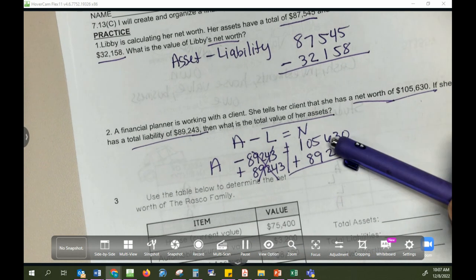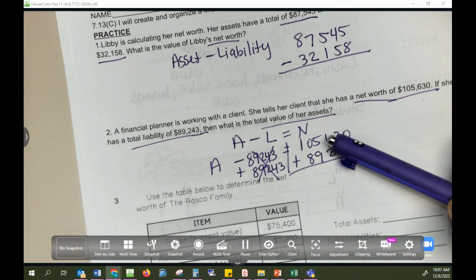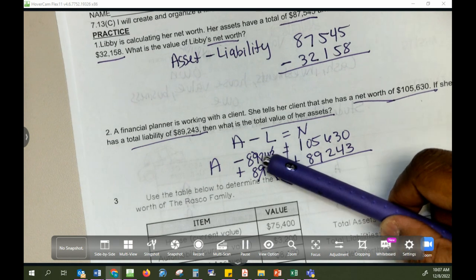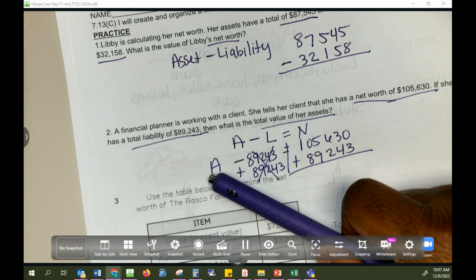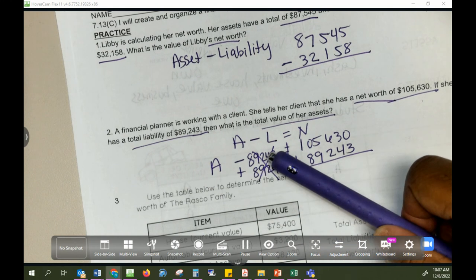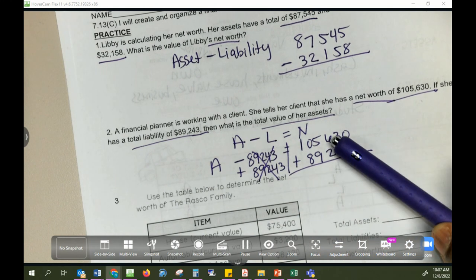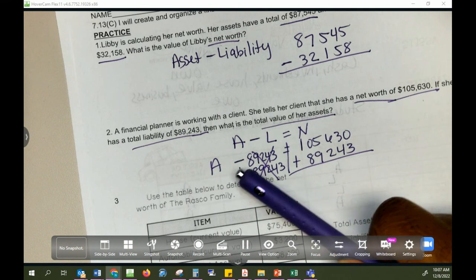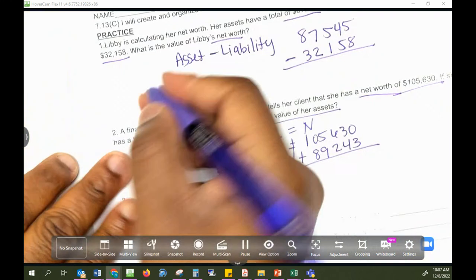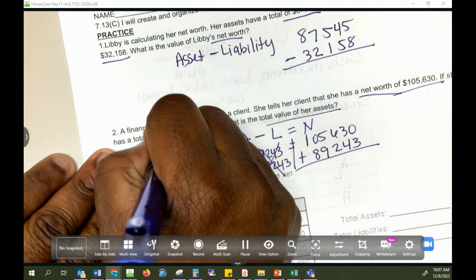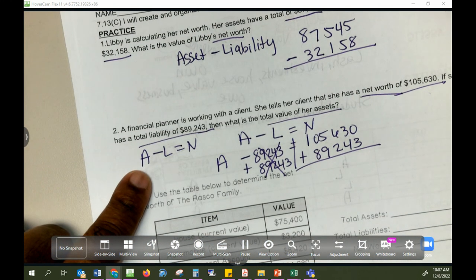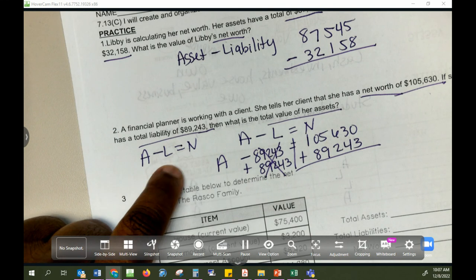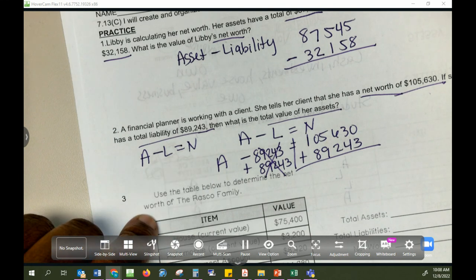Okay, so if I already know my net worth and my liability, how can I find my asset? It's an equation. If I just look at the letters, A minus L equals N. If I want to get A by itself, what would I do to my L to get it to the other side?